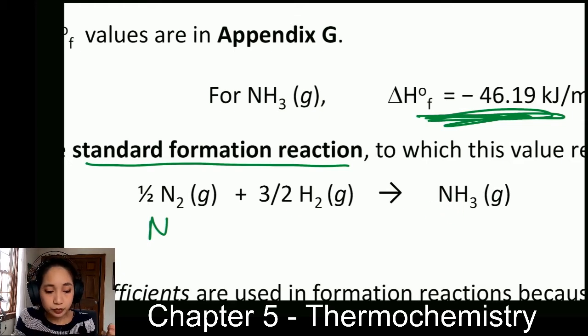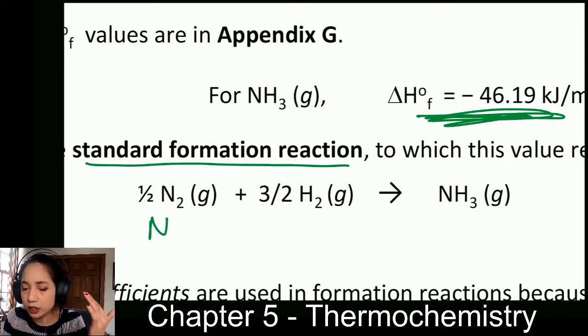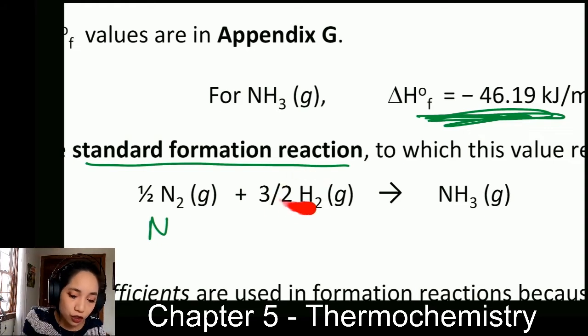So there's one nitrogen combining with hydrogen to make your 1 mole coefficient of ammonia. So we do the same thing to hydrogen. The next element in the compound is hydrogen, and there's 3 hydrogens. So we need to think, okay, what's the standard state of hydrogen in our world? Well, it's H2 gas. They're both nonmetals, so they're diatomic molecules. So we know H2 has to be one of the reactants.